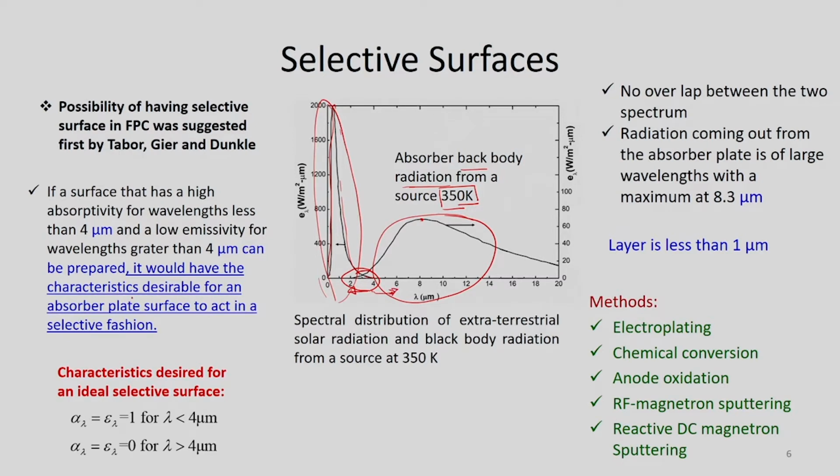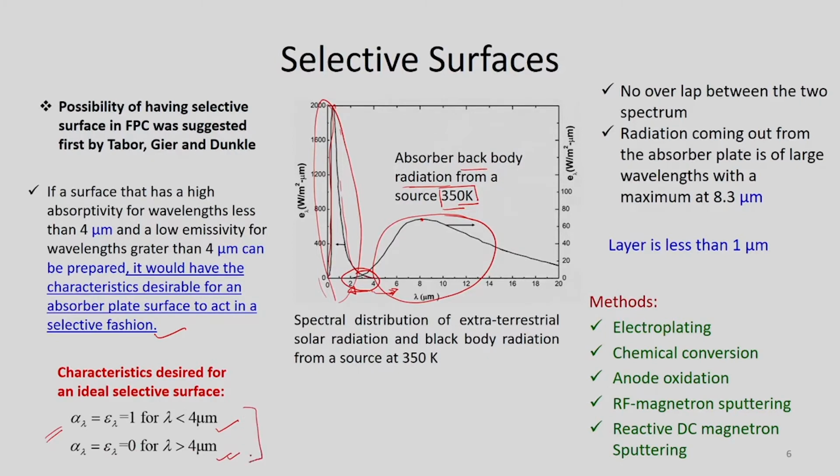It would have the characteristics desirable for an absorber plate surface to act in a selective fashion, right. So, for an ideal selective surface, what are the desirable characteristics? The absorptivity should be 1 for wavelength less than 4 micron, and the emissivity should be 0 for wavelength greater than 4 micron.